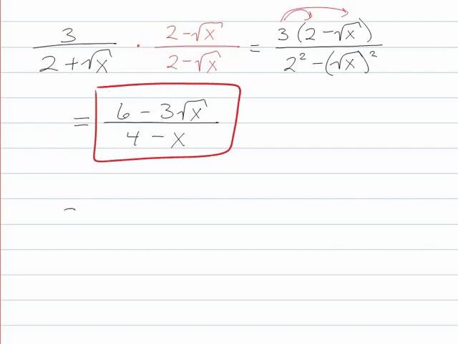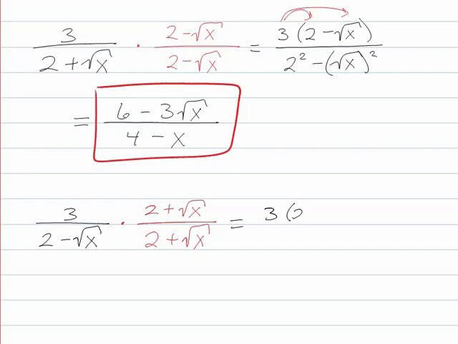It's not any different, really, if I'd had a minus sign, except that whenever I did my multiplication, rather than multiplying by 2 minus the square root of x, I multiply by 2 plus the square root of x. Okay, so I've got 3 times 2 plus the square root of x divided by the first one squared minus the second one squared.